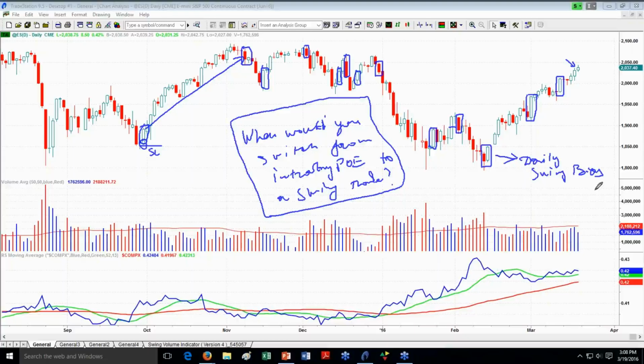How else can we rephrase this, in terms of what we're talking about? What other bias can we develop? Can we develop a structural bias here? So we have a swing bias, a daily swing bias. What about a structural bias?